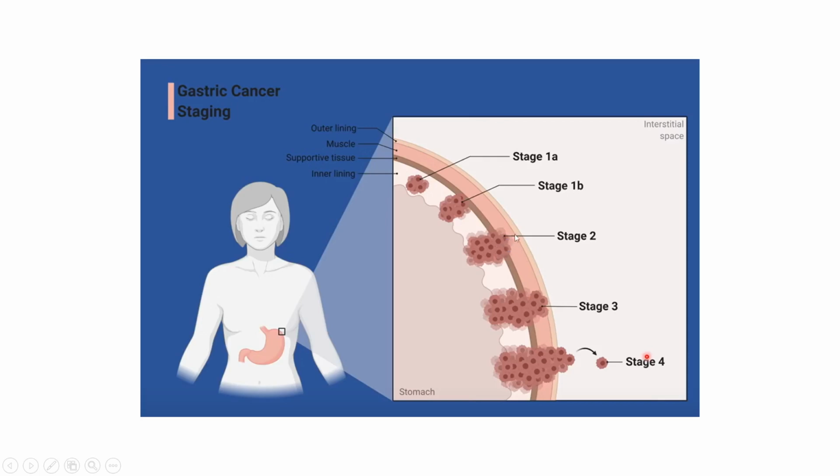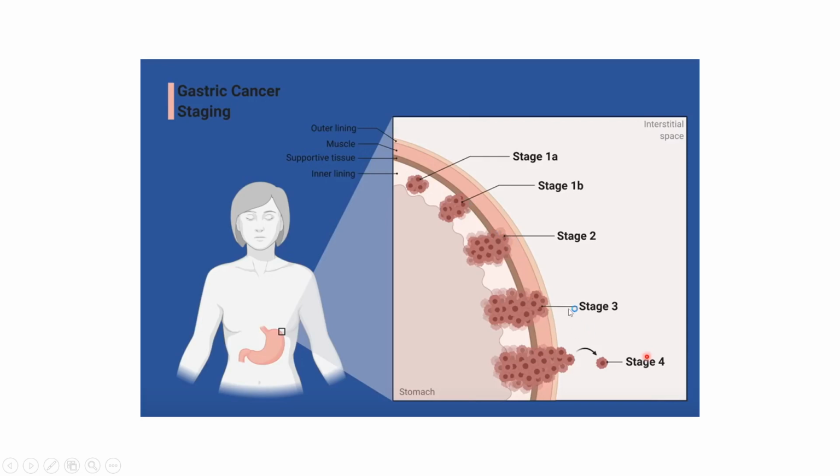In stage 2, you can see it is translocating from that membrane to the muscular membrane. This is an example of the stomach. In the stomach, first there is an outer lining, then a muscle, then the supporting tissue, and an inner lining. So in stage 2, it is translocating from the supportive tissue into the muscles.